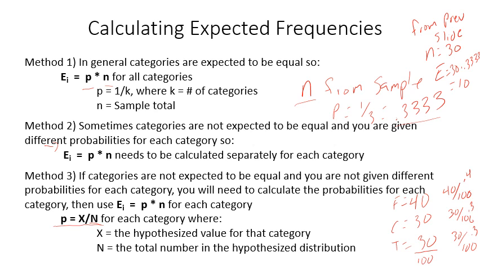If all categories are not expected to be equal and you're given probabilities, you need to calculate it for each expected category. And if you're not given probabilities, but you're given a hypothesized distribution, you need to calculate the probability and then apply it for each category.